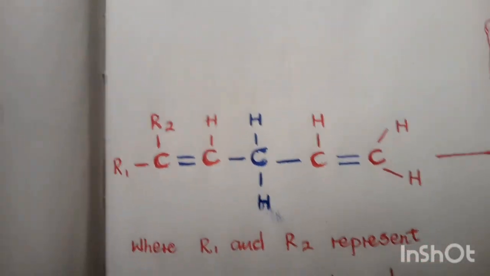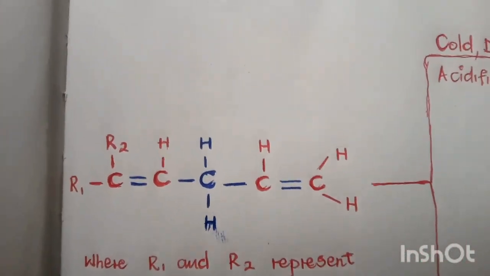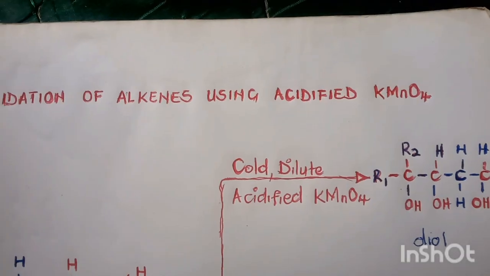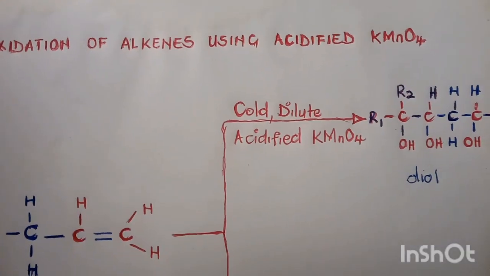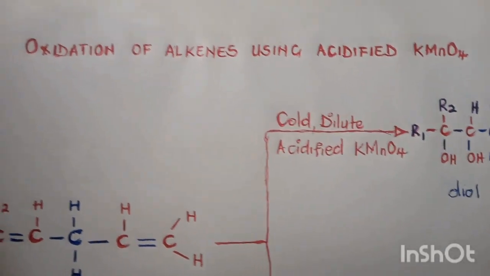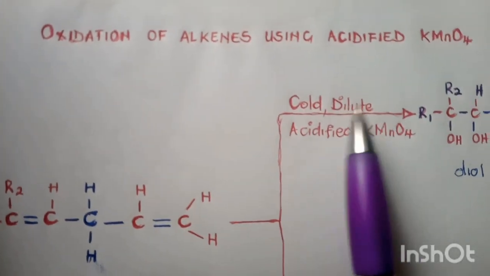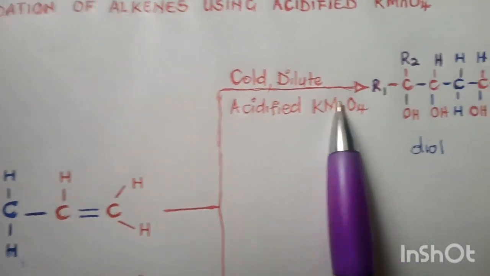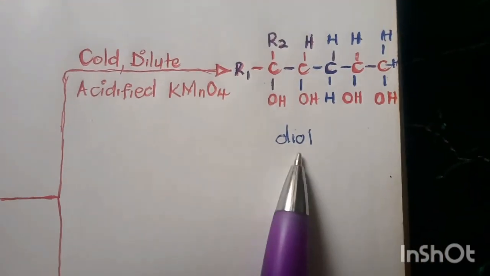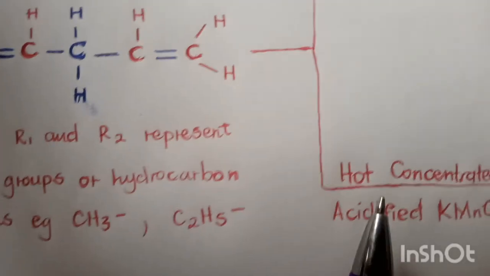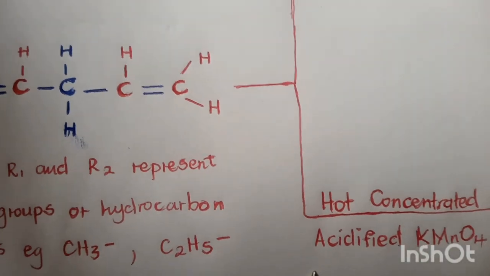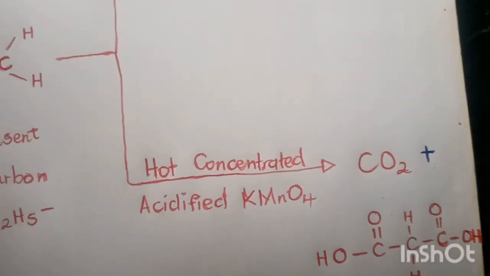So basically, this is what happens when we oxidize alkenes using acidified potassium manganate. There are two ways of doing that. Either we can use cold dilute acidified potassium manganate, which, as I've said, gives rise to a compound known as a diol, or we can use hot concentrated acidified potassium manganate that would give rise to different products.